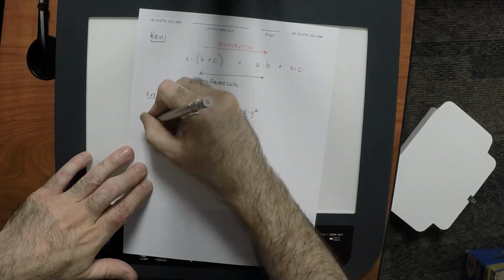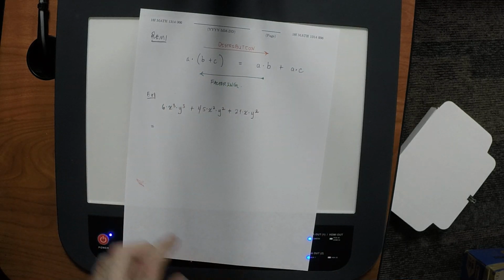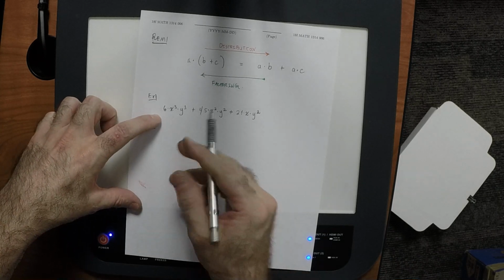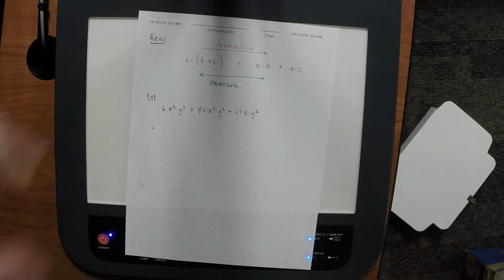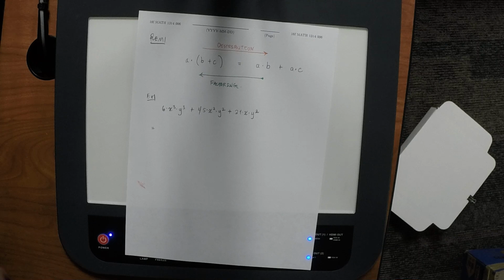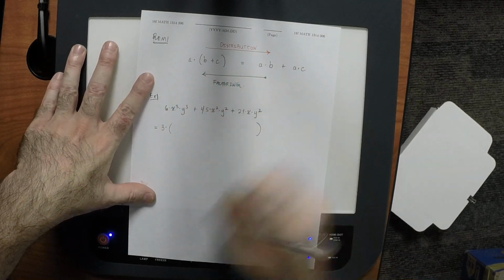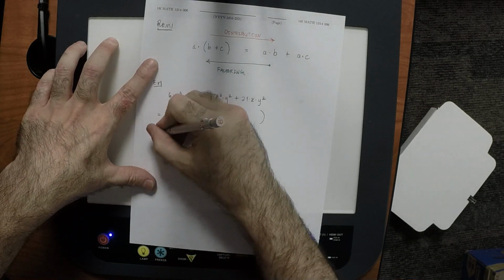Now, concerning just the coefficients and just your knowledge of integers, do you observe that the 6 and 45 and 21 all have a factor of 3? So 3 is in common to all of those. As a result, we should be able to write that this is 3 multiplied by something or other, factoring out the 3. So I'm going to write that real quick.